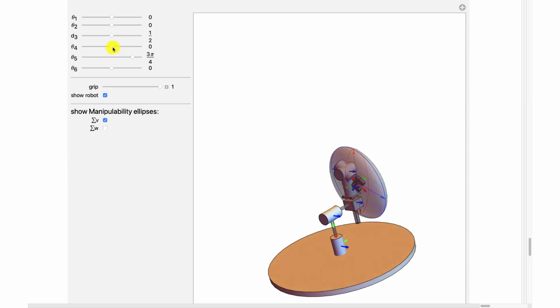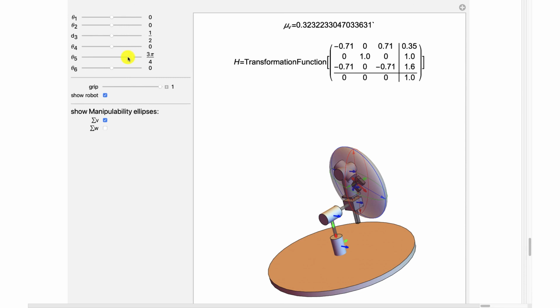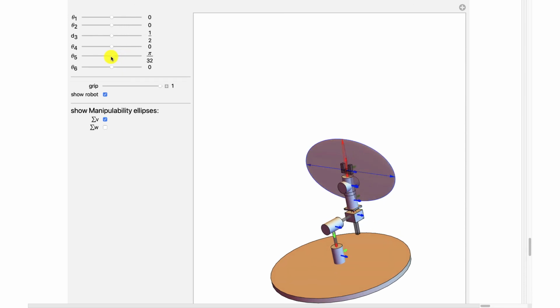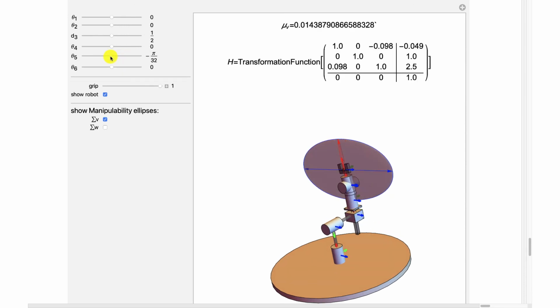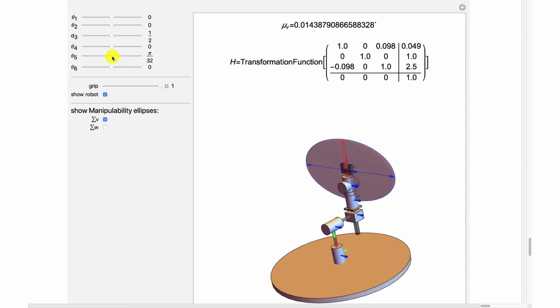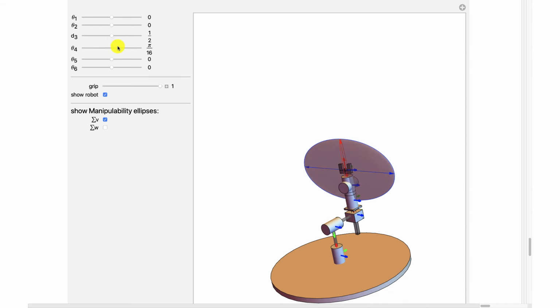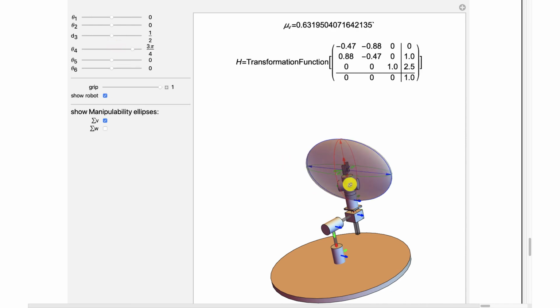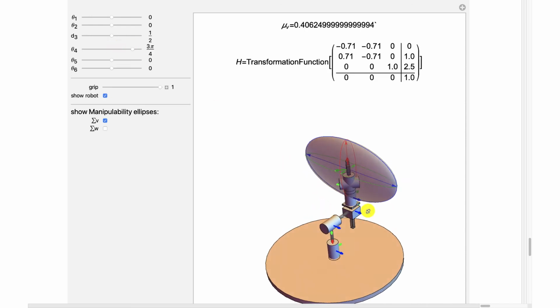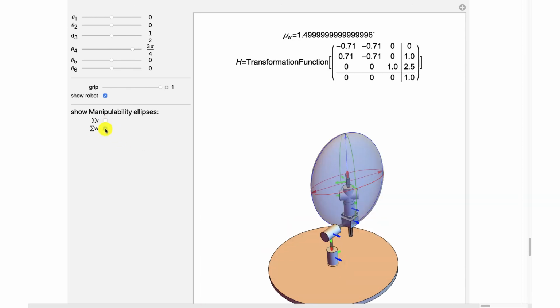So all we'd have to do is rotate this joint a little bit, and then we're out of it. So we're out of this singular configuration for velocity, but we're still in one for the angular velocity. I lied.